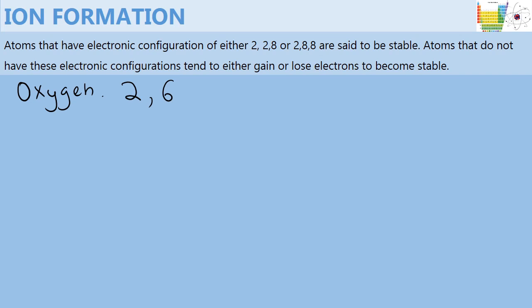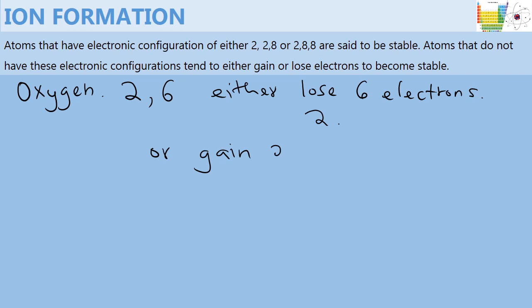For oxygen to become stable, it can either lose 6 electrons and form the configuration 2, or it could gain 2 electrons and form the configuration 2, 8.